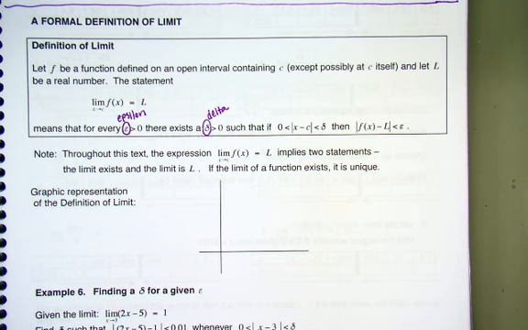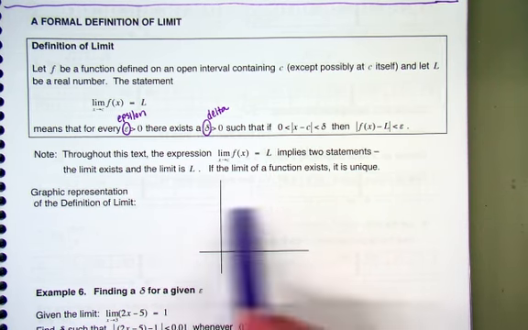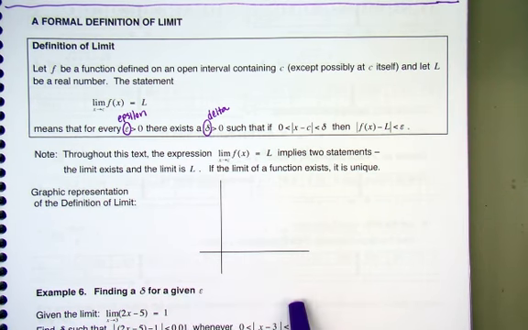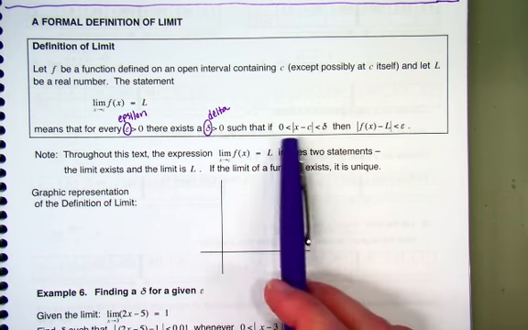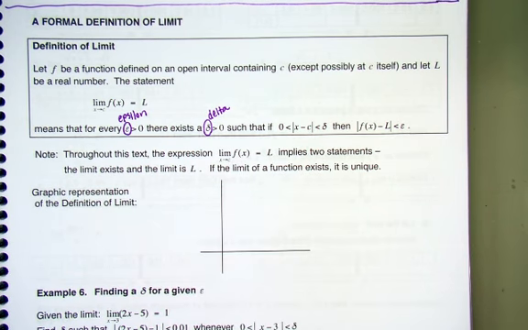Let's move on. No, I'm just kidding. So what does that mean? When I do this next part, I'm going to draw a picture, and it'll make a lot more sense. Around your x value for c, there's going to be a little delta band on either side. And around your limit, there's going to be a little epsilon band up and down from it.